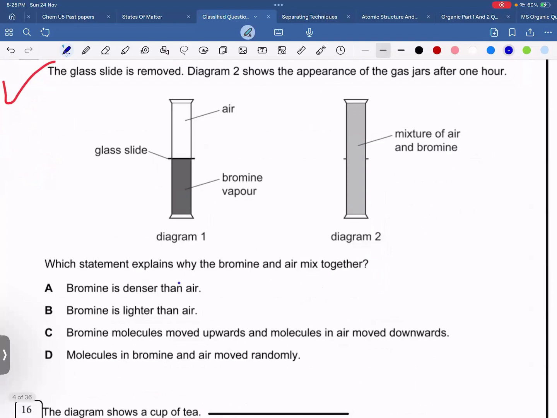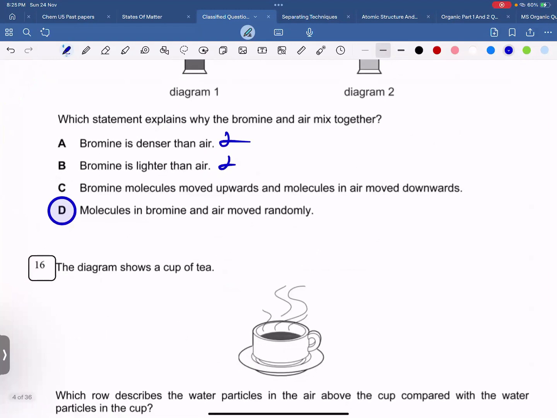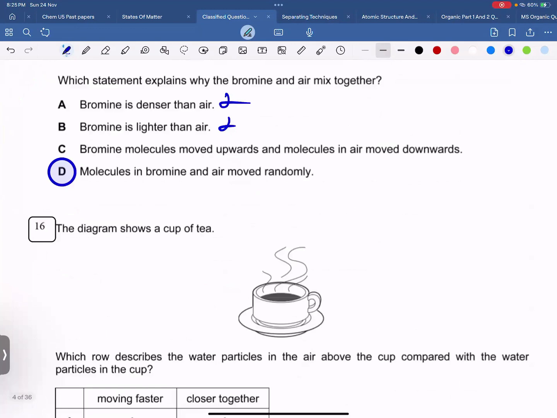So bromine is denser than air? No. Bromine is lighter than air? Incorrect. Bromine molecules move upward and molecules in air move downward? Not correct either. Molecules of bromine and air move randomly in all directions. Diffusion occurs in all directions, not only upward or downward.